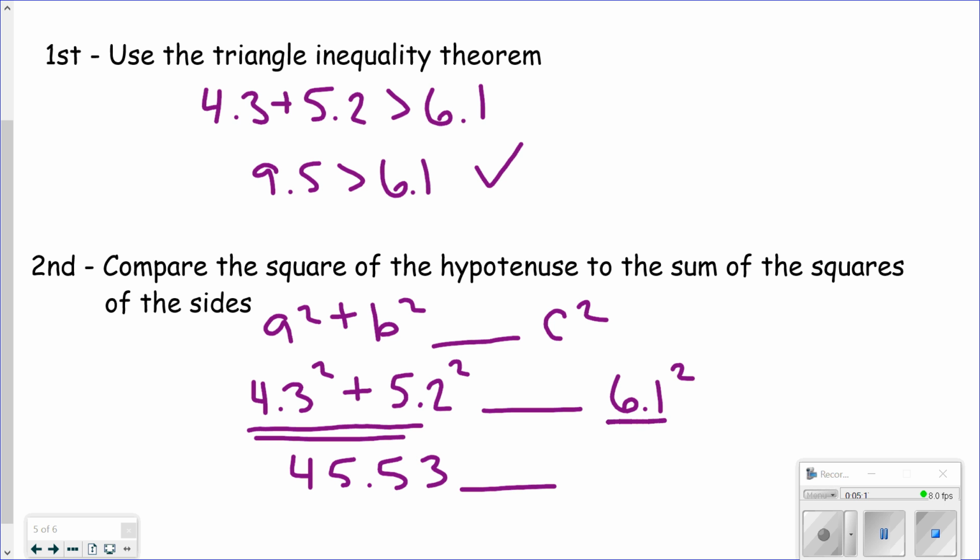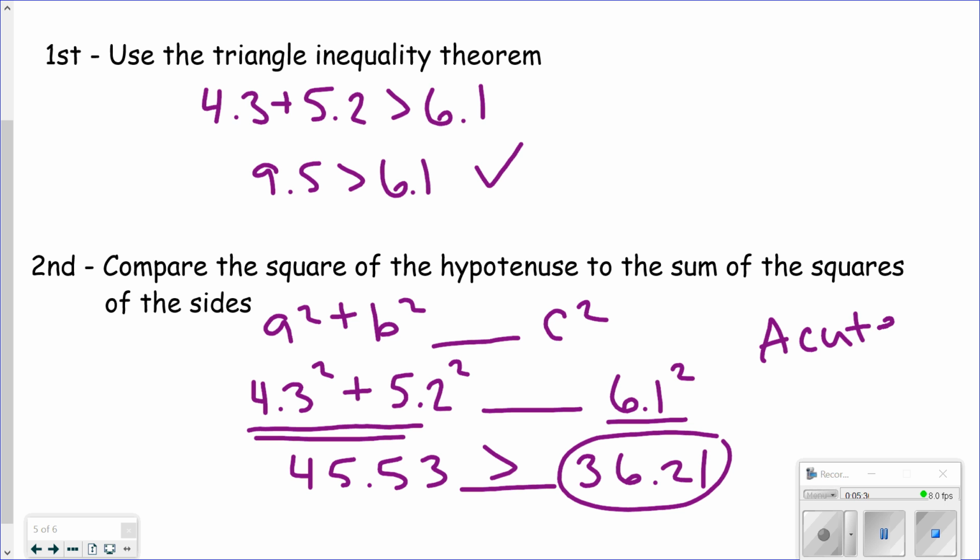How does that compare to 6.1 squared? Well, 6.1 squared is 36.21. So 45.53 is greater than 36.21. Remember, this was our c, and I noticed that it's less than, meaning I have an acute triangle here. And I'm done.